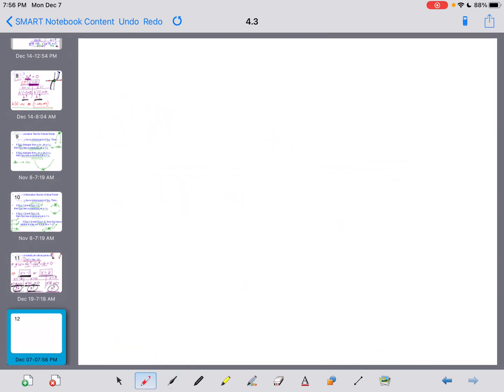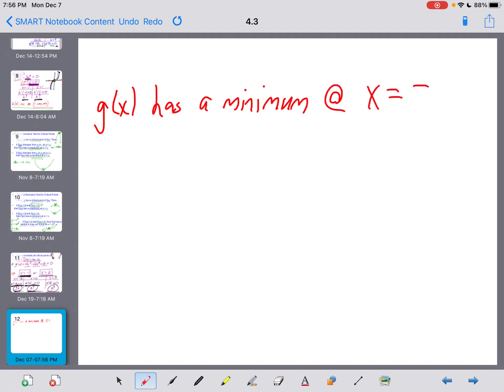So I'm going to go ahead and answer this right here, and we're going to say that g of x has a minimum. It didn't say what kind, and we don't have to give it to them that way. Has a minimum at x equals negative 1.